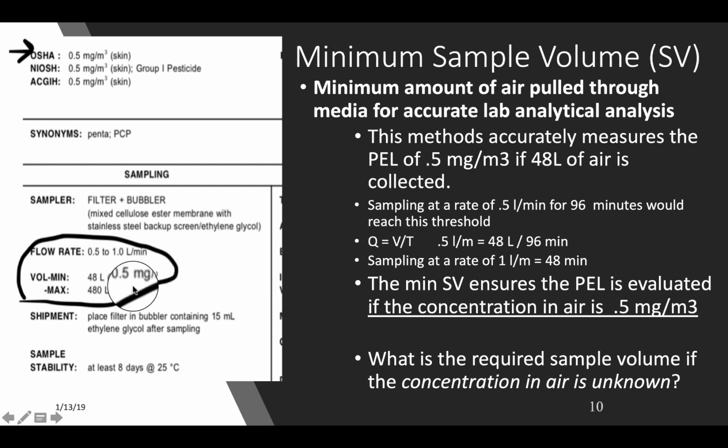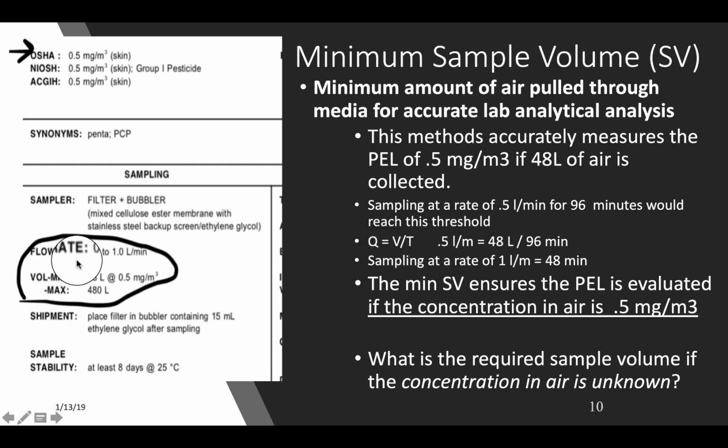So how do we know we have reached at least the limit of detection that can be repeatedly measured when we're sampling for different time periods? Well, we can just look at using our simple formula of Q, which is your liters per minute, and that equals, of course, volume over time.